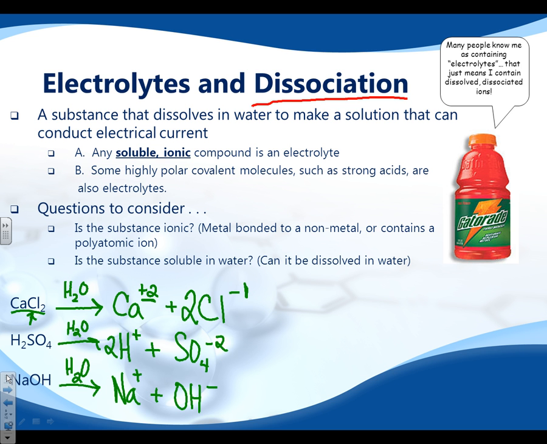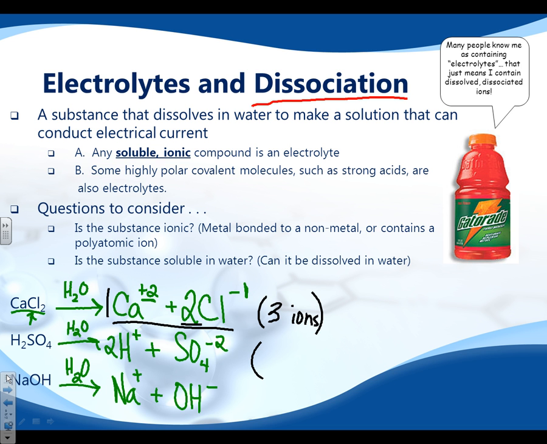Now, the strength of the electrolyte is determined by how many ions you create. So in this particular reaction, for example, calcium and chlorine, I get 1 calcium ion and 2 chlorine ions for a total of 3 ions. Same for sulfuric acid.